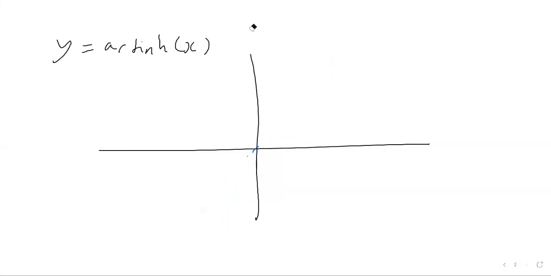So let me sketch the arsinh function. It's going to go like this. Sorry, let me do that a bit neater, through the origin and like that. So as x tends to infinity, arsinh still tends to infinity, and as x tends to negative infinity, arsinh still tends to negative infinity as well.